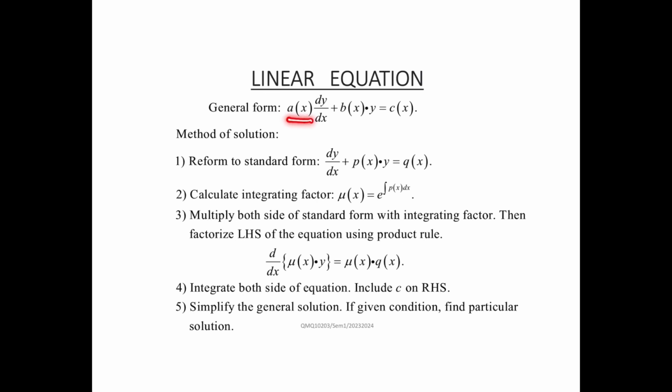Divide here with a(x), b(x) with a(x), c(x) with a(x). Hence this one will be 1, b(x) over a(x) will be p(x), c(x) over a(x) will be q(x), the new function.